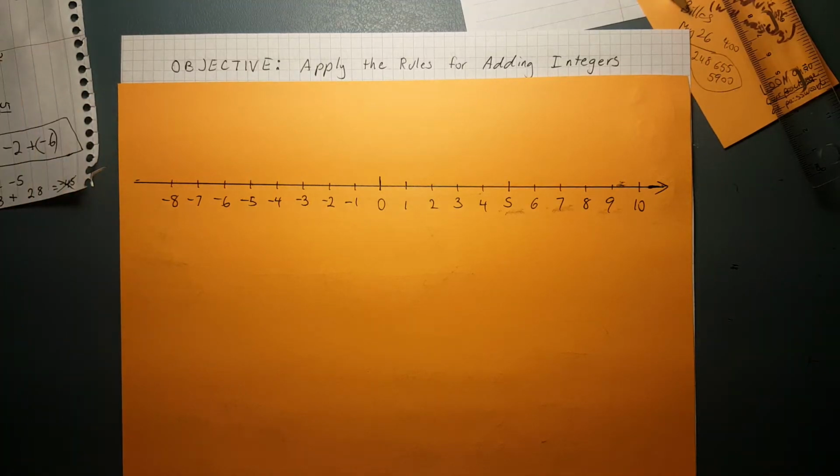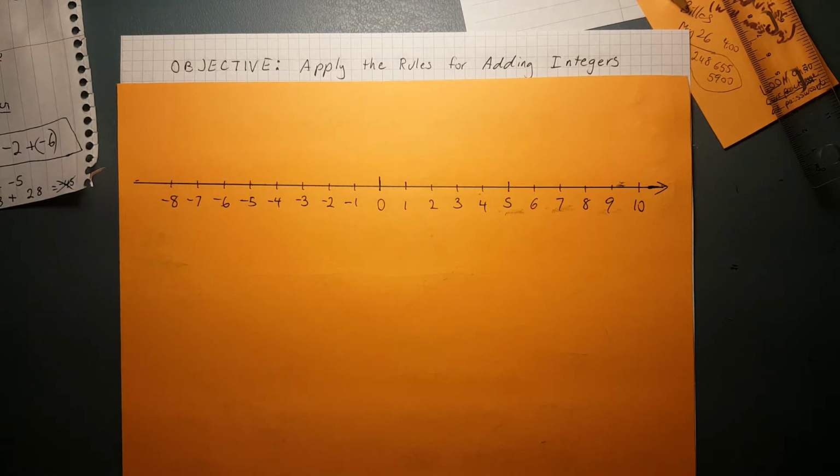Hello again, fifth graders. The last couple of school days, we've been learning about adding integers, positive and negative numbers. A couple school days back, we learned how to do that using counters, and then one school day back, we learned how to do that using a number line. Some of you might be thinking, counters and number lines are great, but what if we have really big numbers?